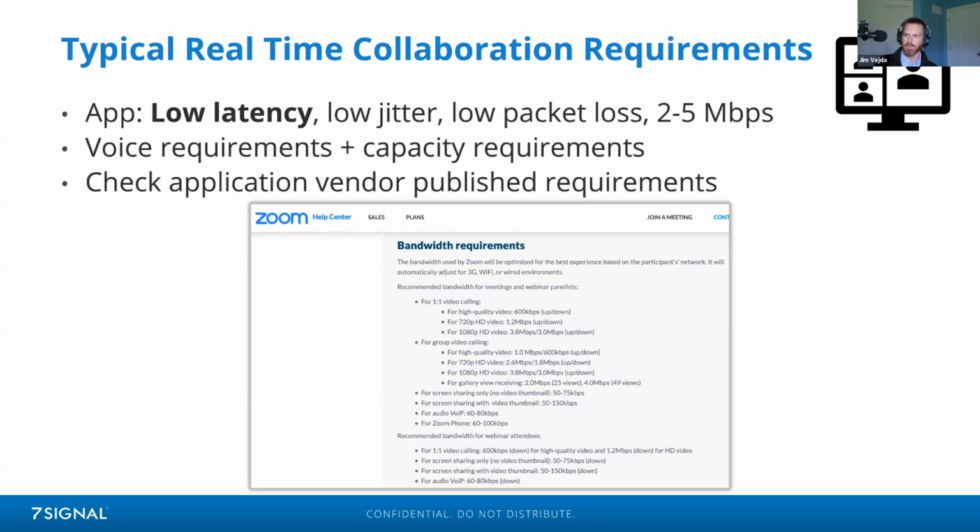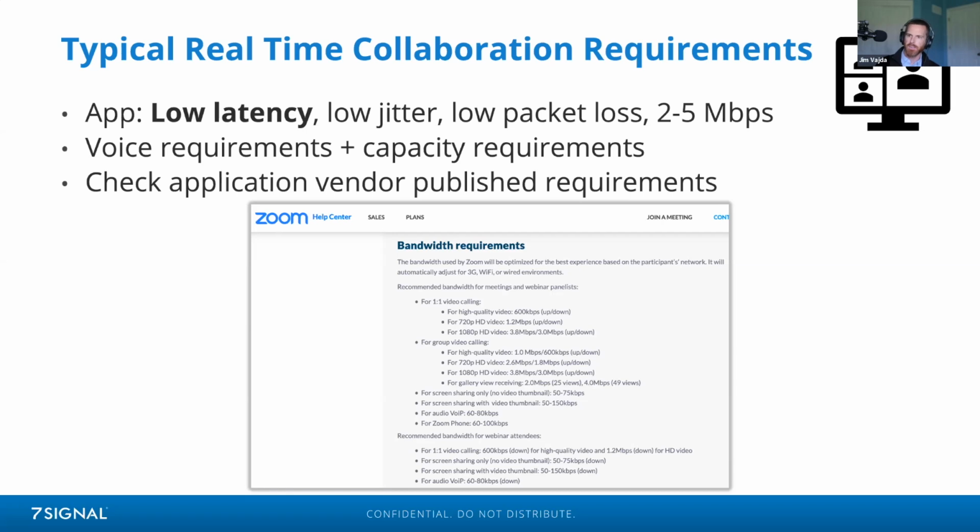That's really one of the most important requirements for these applications: latency. We're doing video with these, so we do need to consider throughput, 2 to 5 megabits per second in general.